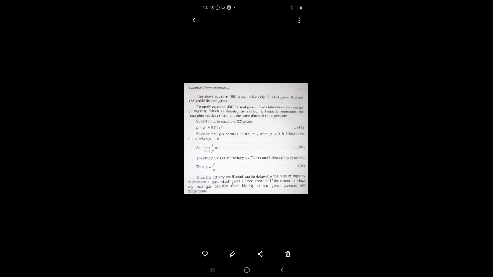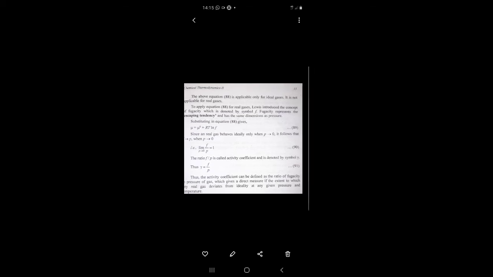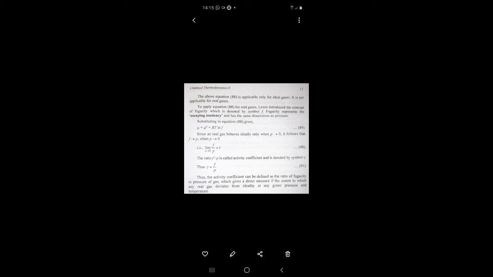That means if any gas deviates from ideal to real at a given temperature and pressure, then you have to use which term? Activity coefficient. Everybody understood? So the activity coefficient is the ratio of fugacity to pressure of the gas. And what is fugacity? Fugacity is the escaping tendency of a real gas.